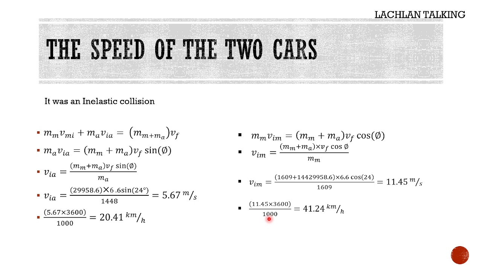Putting in our numbers, the initial velocity of the Mitsubishi is 11.45 meters per second. Converting that into kilometers per hour, it's 41.24 kilometers per hour. So the Mitsubishi wasn't speeding for this collision. So the Mitsubishi was going the speed limit, and the Audi pulled out in front of it.